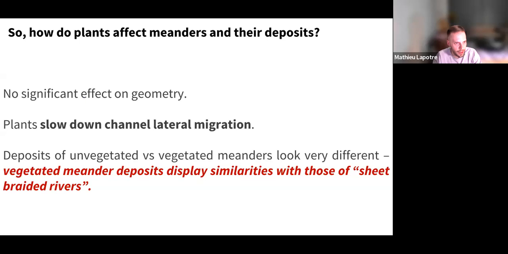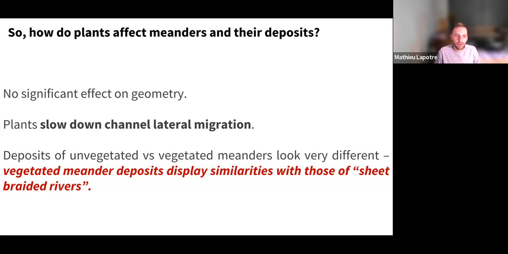So to briefly summarize, how do plants affect meanders and their deposits? Well, first we found that there's no significant impact of vegetation on channel geometry. However, plants slow down channel lateral migration by almost a full order of magnitude.